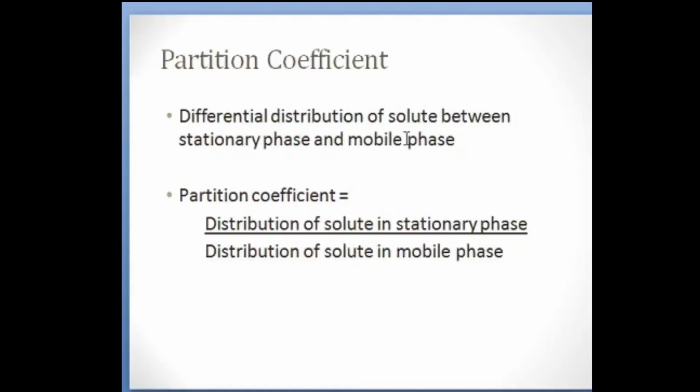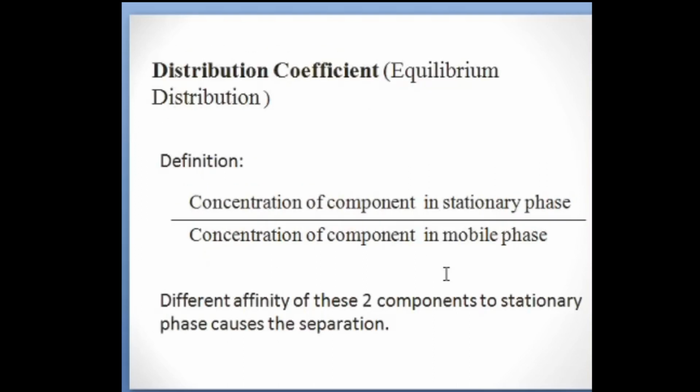Coming to another term known as partition coefficient. What is partition coefficient? It is nothing but the distribution of the solute in the stationary phase by the distribution of the solute in the mobile phase. Another one is the distribution coefficient. This is the concentration of the component in the stationary phase and the concentration of the component in the mobile phase.